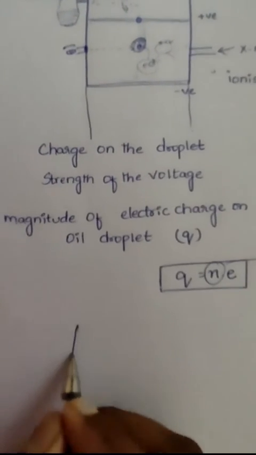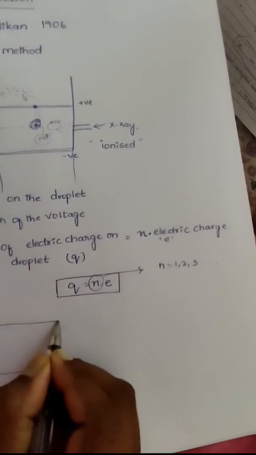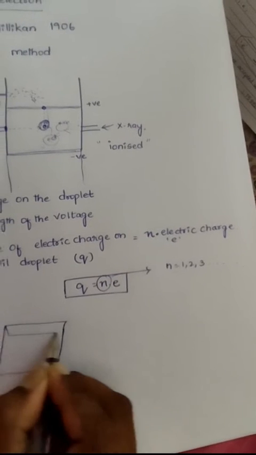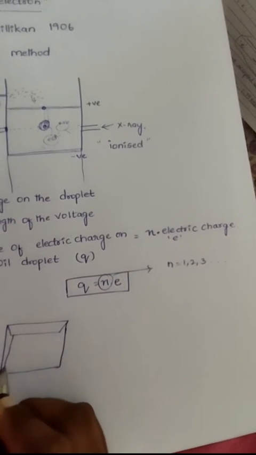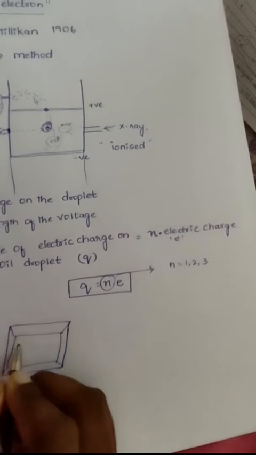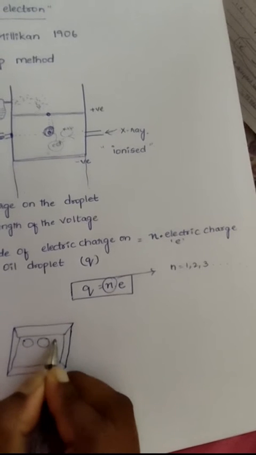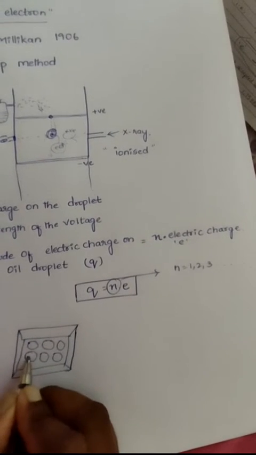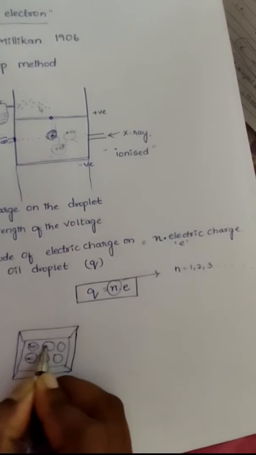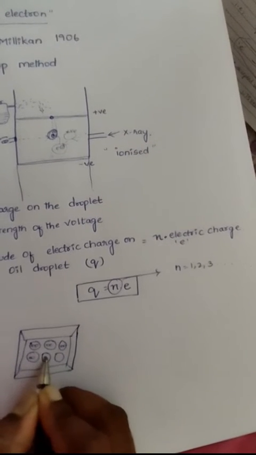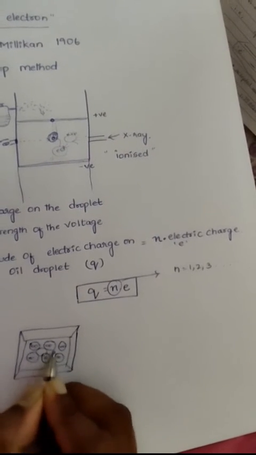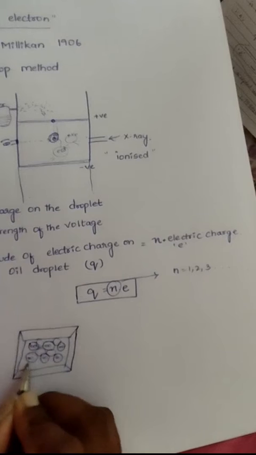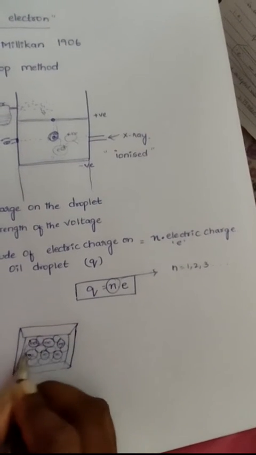Suppose it is a box of chocolates and they are packed in pairs. There are 2 chocolates in each packet and there are so many such packets in this box.